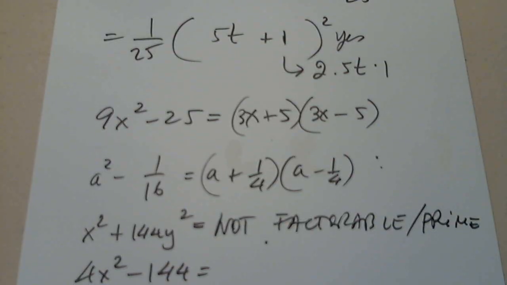4x squared minus 144. It's a binomial. It's in descending order. Greatest common factor? Yes. And I have to pull it out. If I don't, I make my life more difficult, and it will not be entirely correct. So what will you factor out from 4 and 144?